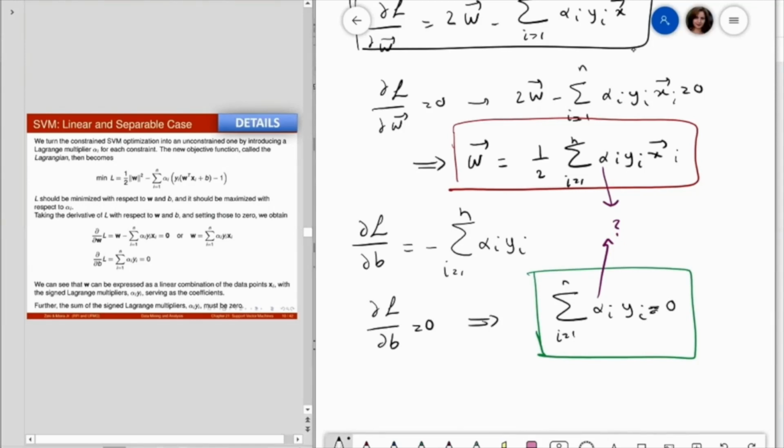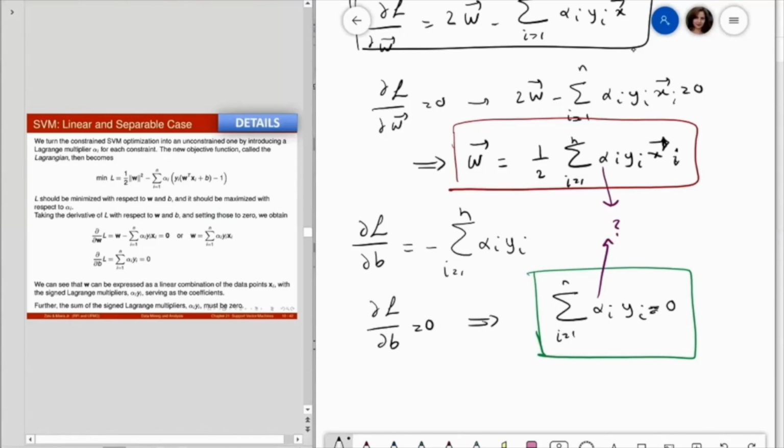But are the results that I get so far useful or not? Well, yes, they are. Why? Because look at w. What you see here is that vector w is actually a linear combination of all of my data point vectors xi's and their labels. And the way they are combined together is using the multipliers alpha i's. That's an interesting result.